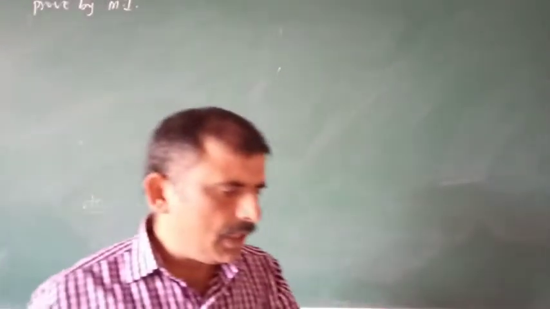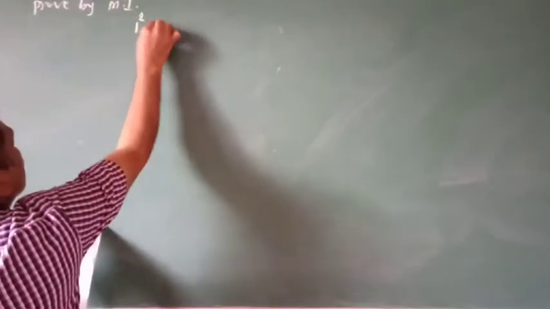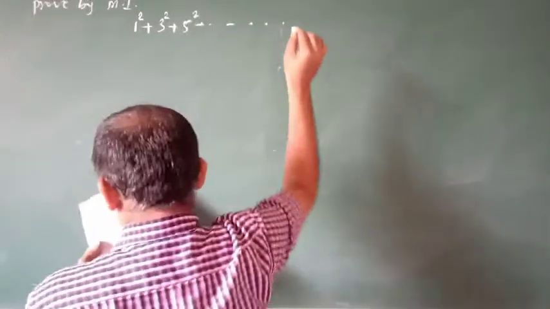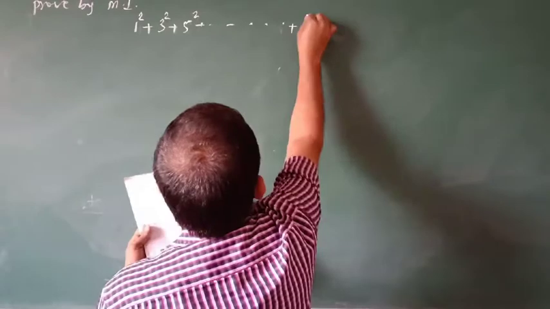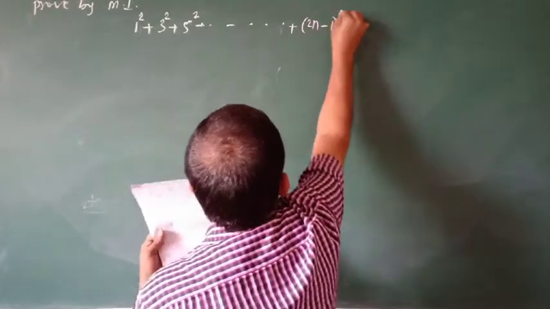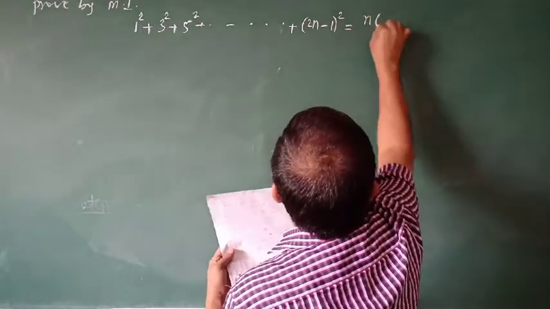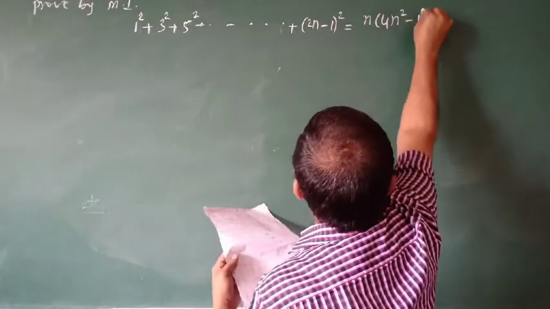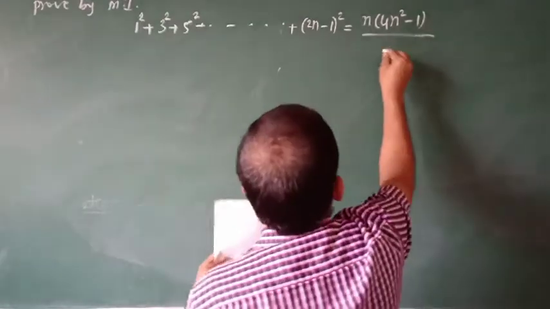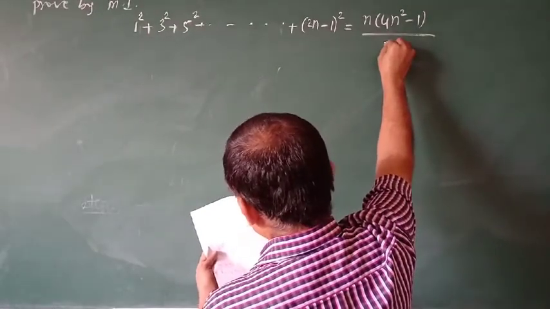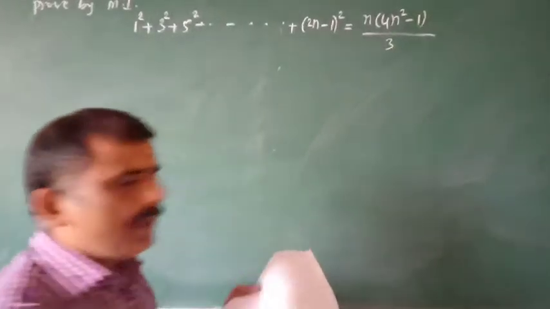Okay, another problem: prove by mathematical induction that 1 square plus 3 square plus 5 square plus so on plus 2n minus 1 whole square is equal to n into 4n square minus 1 divided by 3.